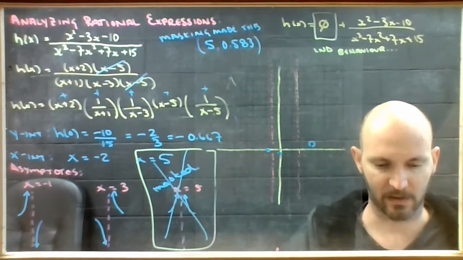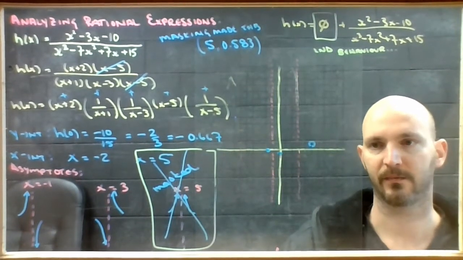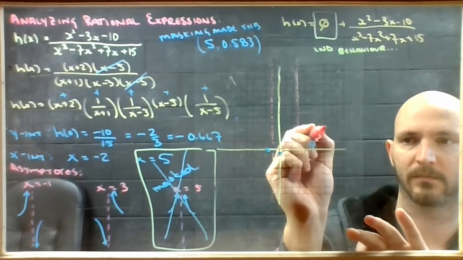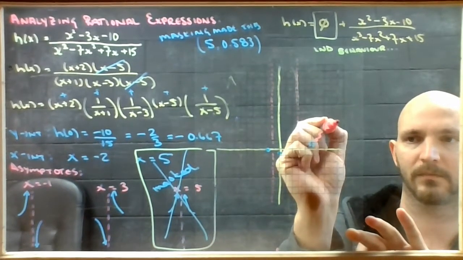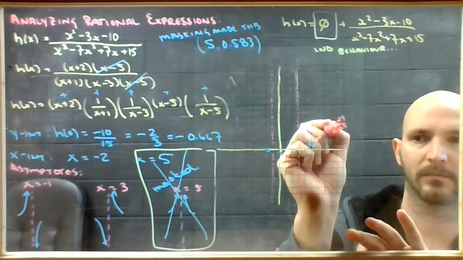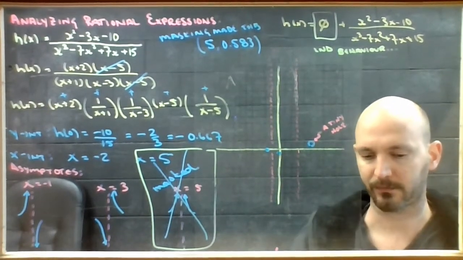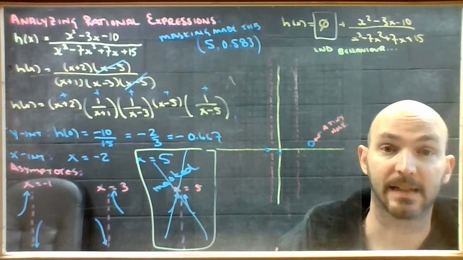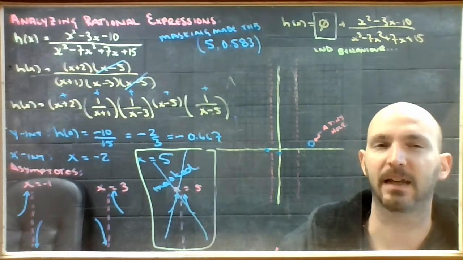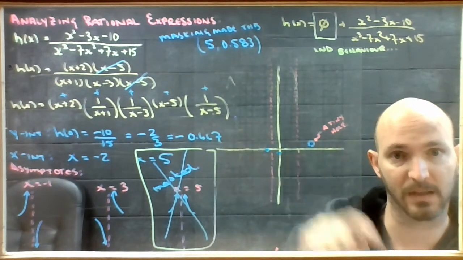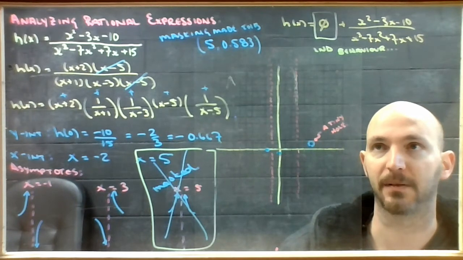There's just a little hole. So the graph can't exist at that point, but it can exist as close to that point as you'd like. So we're just going to draw a little gap there to show that that happened.